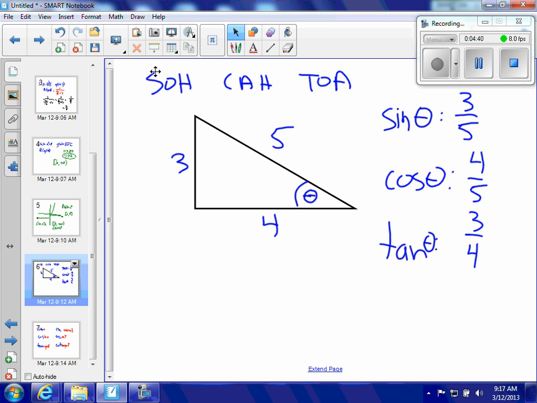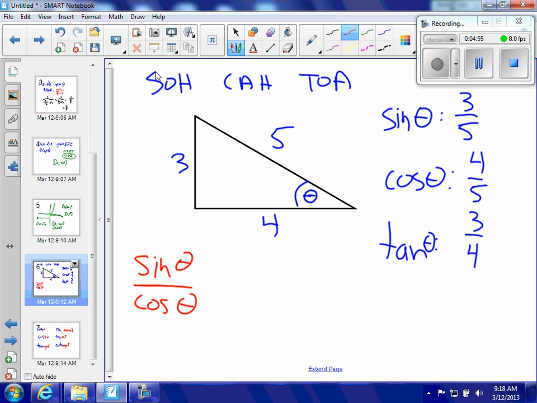So let's just take a little break here, because I said all you need to know is sine and cosine. So I want to know what is sine theta divided by cosine theta. Sine theta is 3 over 5, and cosine theta is 4 over 5.